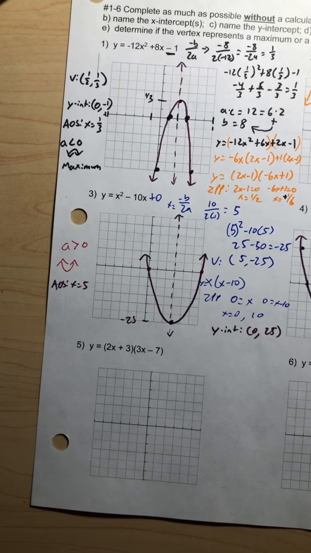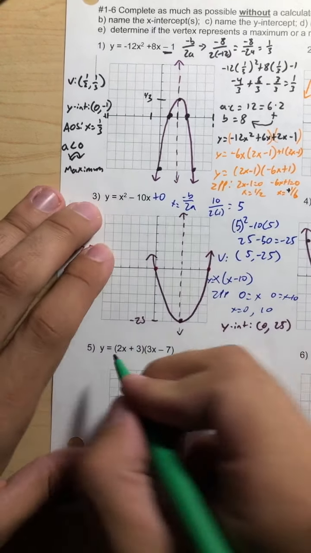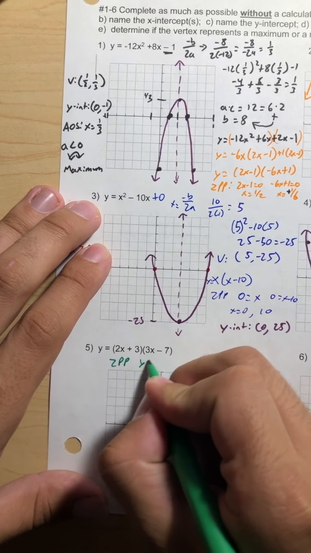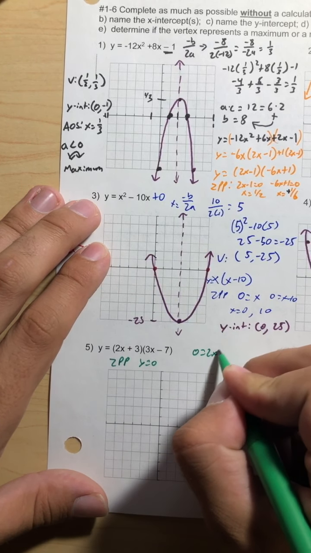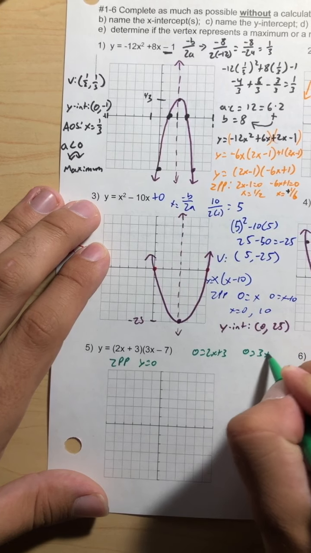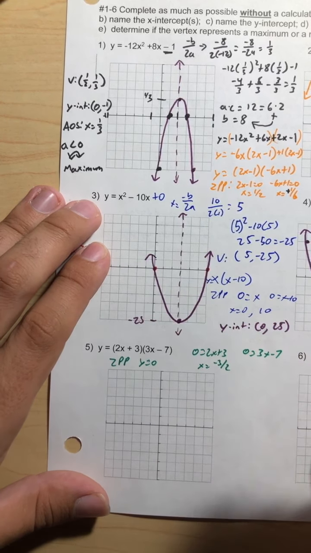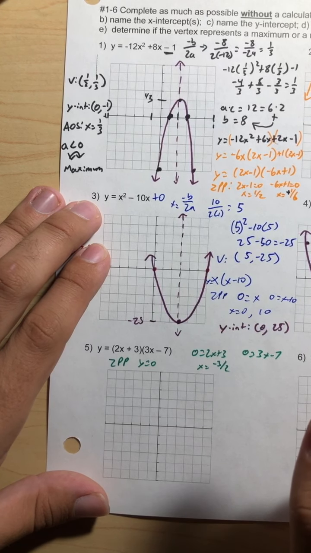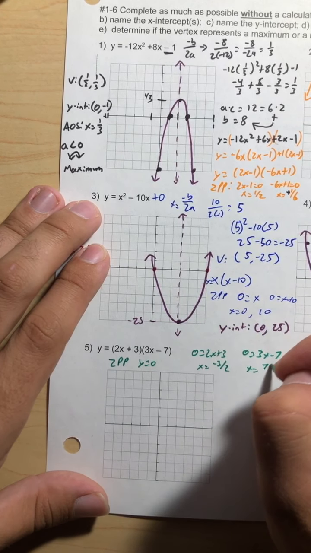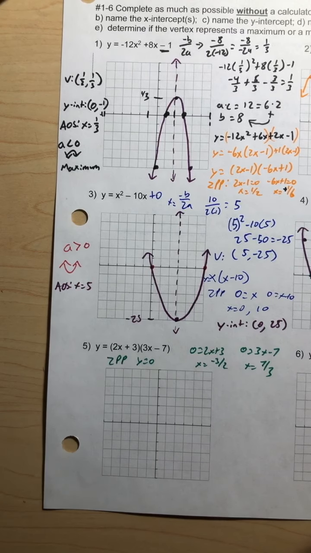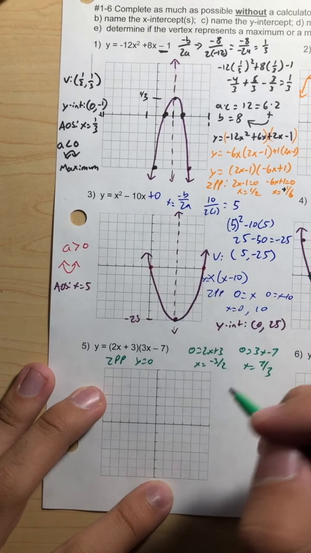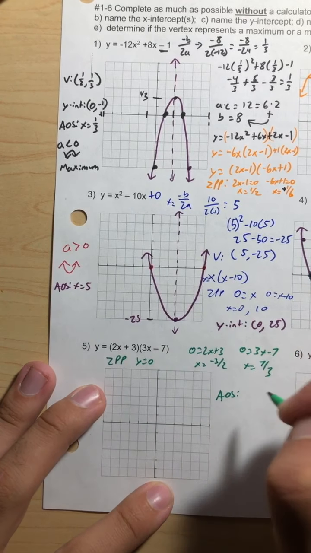All right, number 5. It's already in factored form, so I'm just going to keep it and keep moving. So zero product property this right away. Let y equals 0. So x equals negative 3/2. And x equals 7/3. Okay, so now I know that my axis of symmetry is between these two.